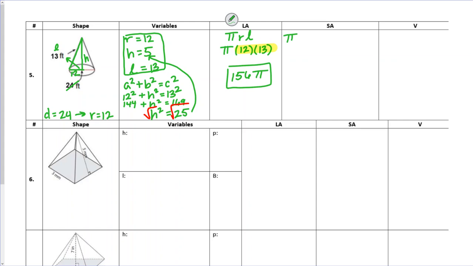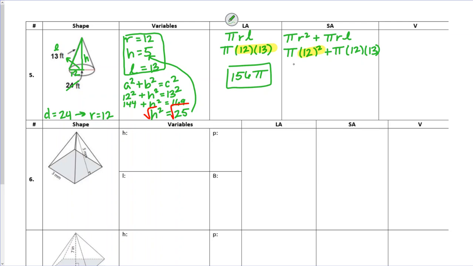Surface area formula is pi r squared plus pi rl. Plug in your numbers. Pi times 12 squared plus pi times 12 times 13. Skip the pi.